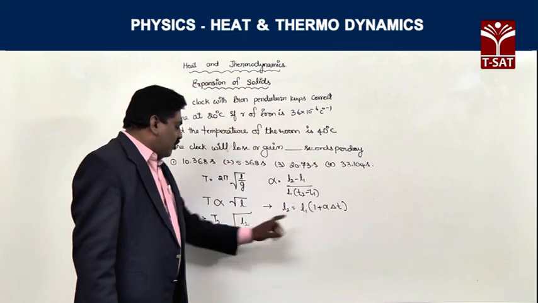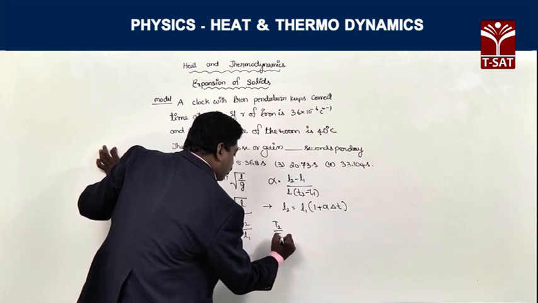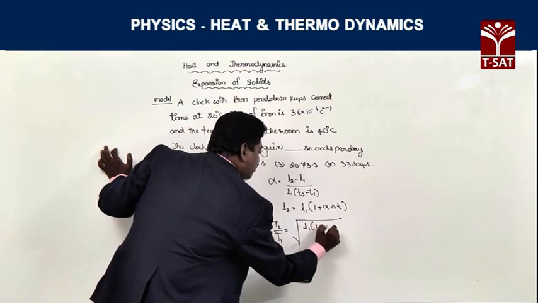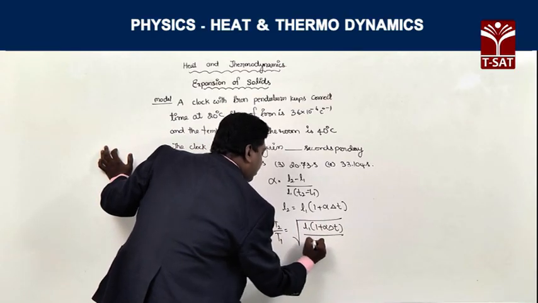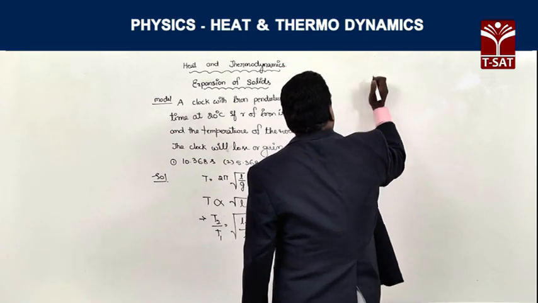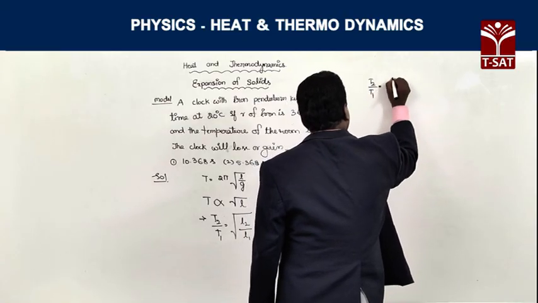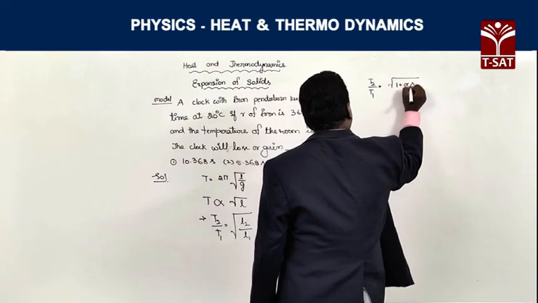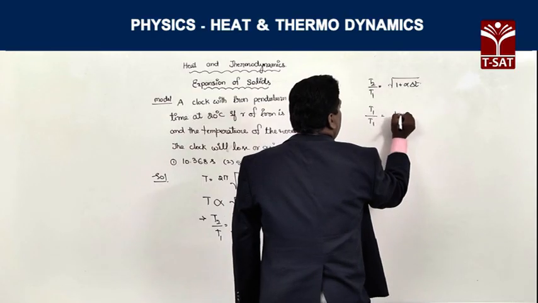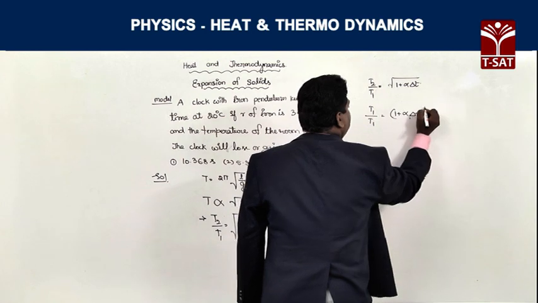On substituting the value of L2 in this case, we have T2 by T1 is equals to square root of L1 into (1 plus alpha delta T) divided by L1. So that T2 by T1 is equals to square root of 1 plus alpha delta T, which is nothing but T2 by T1 is equals to (1 plus alpha delta T) whole to the power of half.